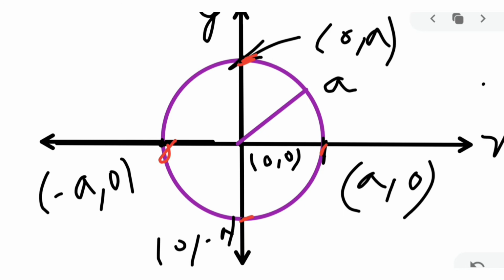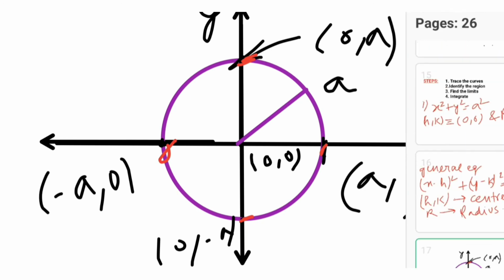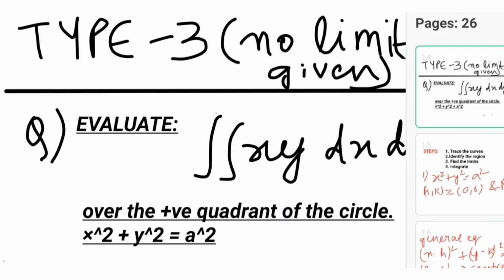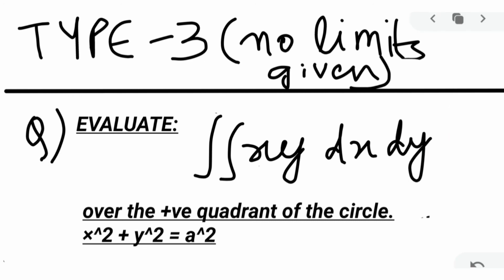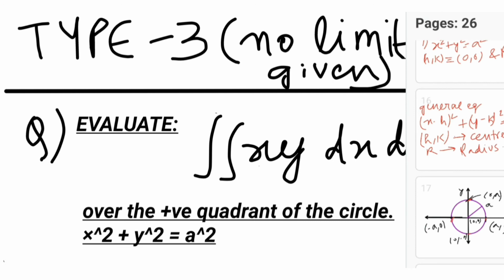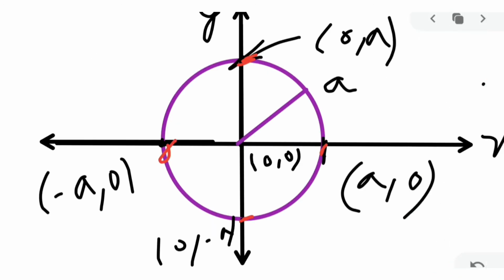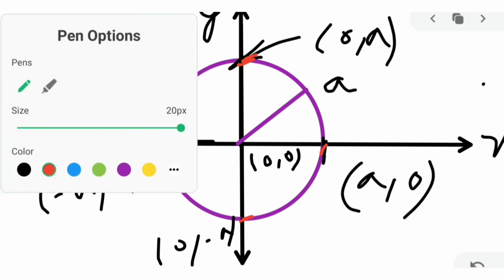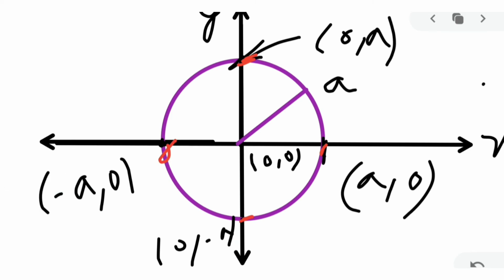Now we need to identify the region we need to integrate. In the question given, we can see it was written over the positive quadrant. So which is the positive quadrant? This one is the positive quadrant.